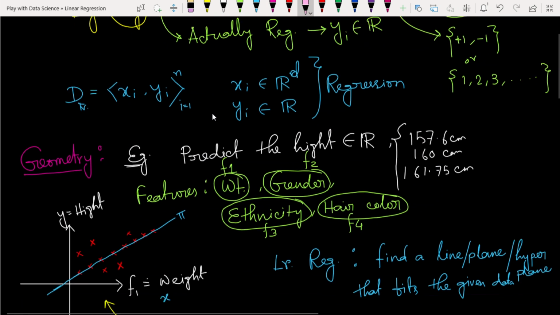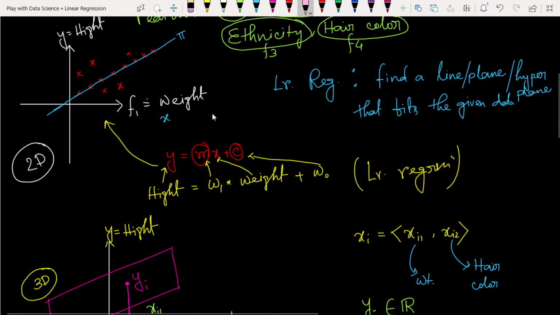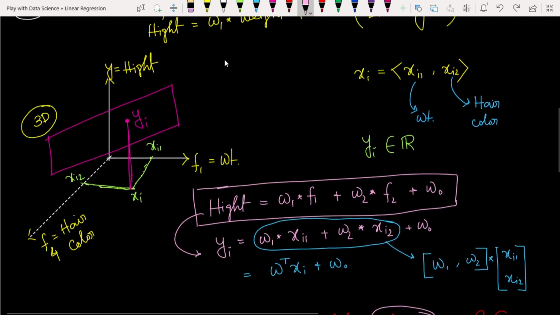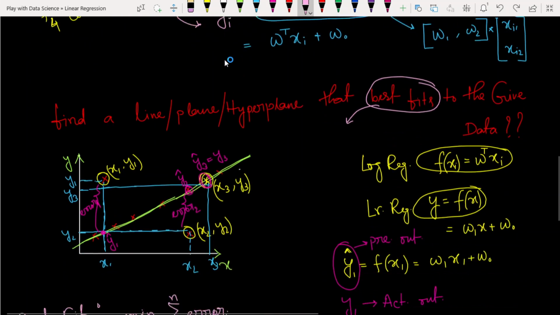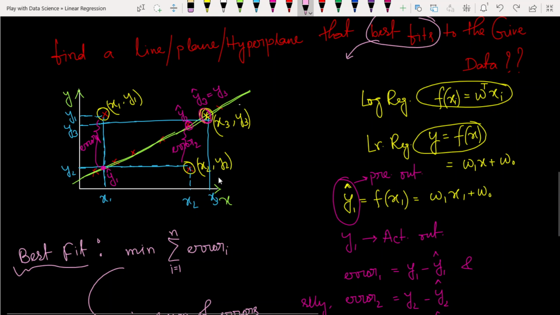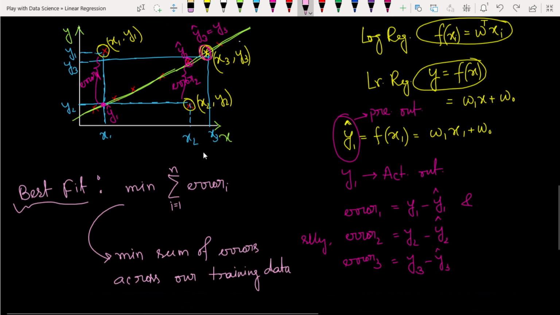This is the main objective of this geometrical intuition. In the next lecture we will see how to find the mathematical equations to minimize this error term. If you have any problem about the geometrical intuition, just comment below.